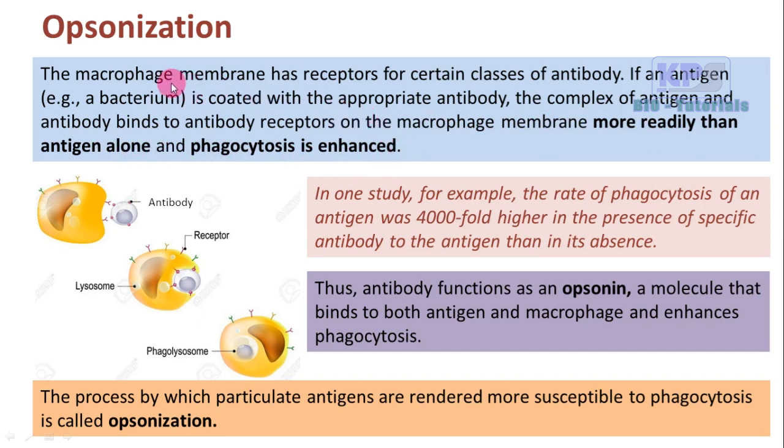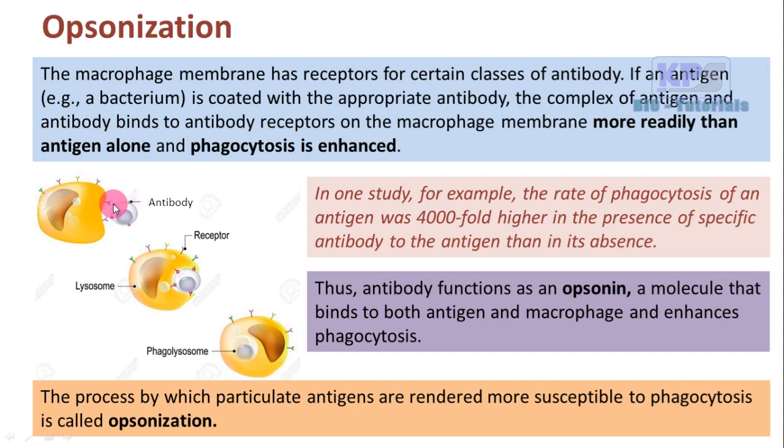When we examine the membrane of the macrophage, you can see there are a number of receptors, namely Fc receptors. On these receptors, the Fc region of antibodies can bind.